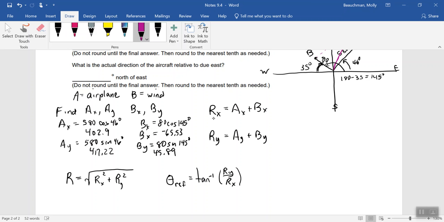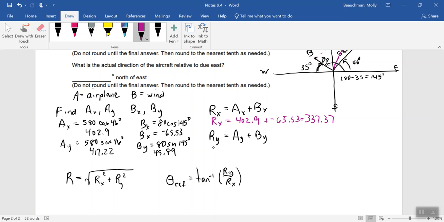So the x component of my vector R is going to be 402.9 plus a negative 65.53, which equals 337.37.